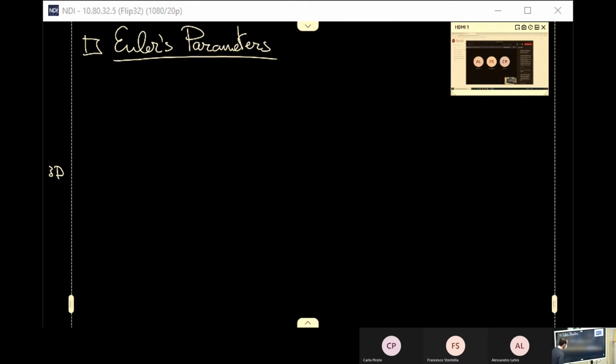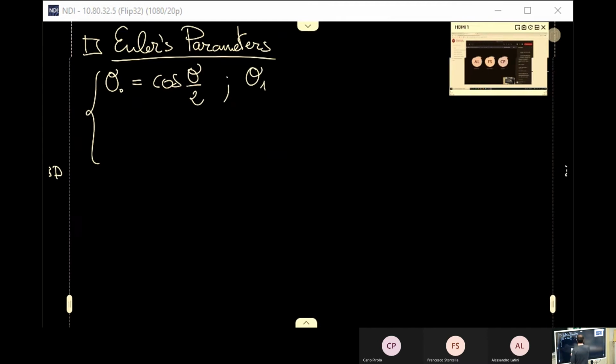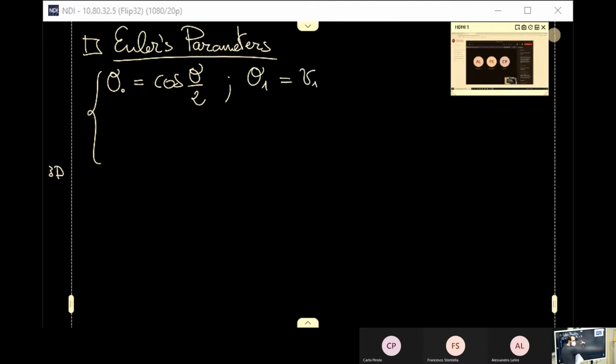All right. Euler's parameters are defined like this. First of all, they are 4. Theta 0 is equal to cosine of theta divided by 2, where theta is the angle of rotation, okay? Then we have theta 1, which is defined as V1, which is the first component of the unit vector defining the axis of rotation, times the sine of theta divided by 2.